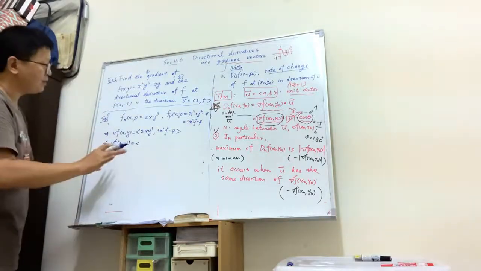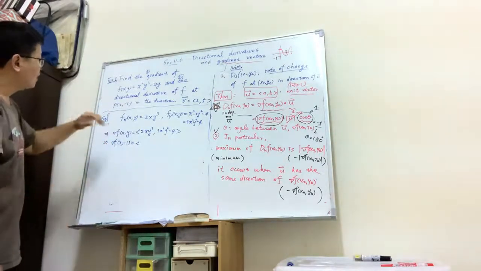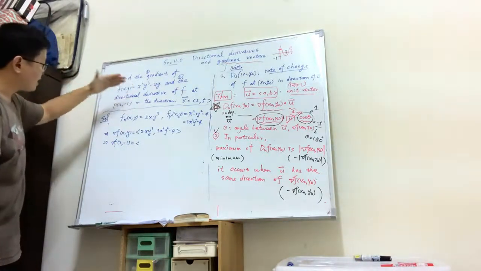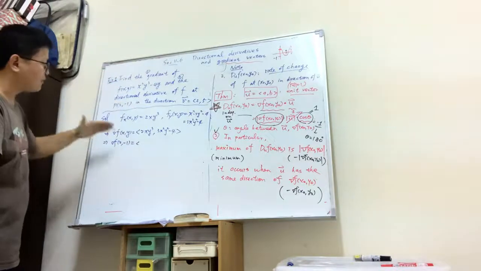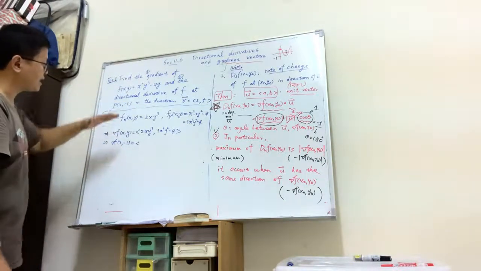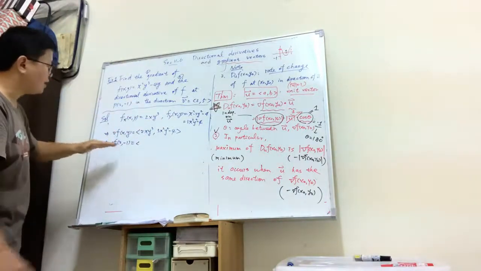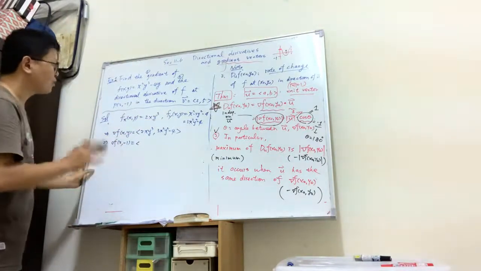Later I will tell you. So once I give you a function and 1 point, then its gradient is fixed. Just consider its partial derivatives and plug in the values, then you fix the gradient vector.